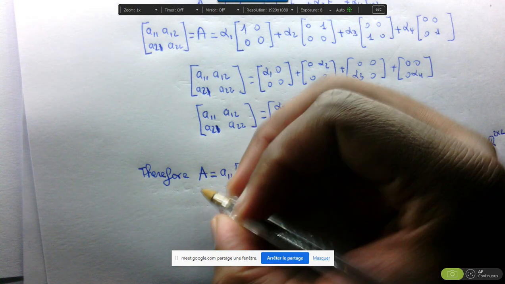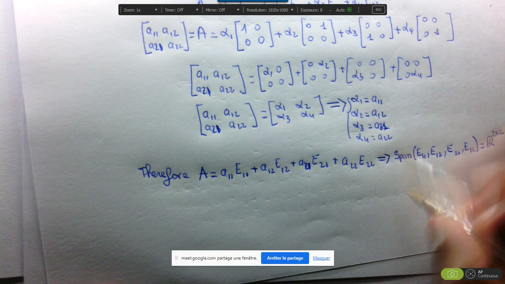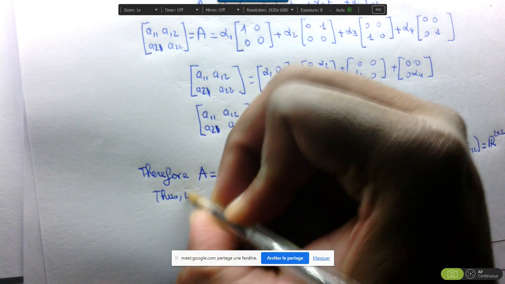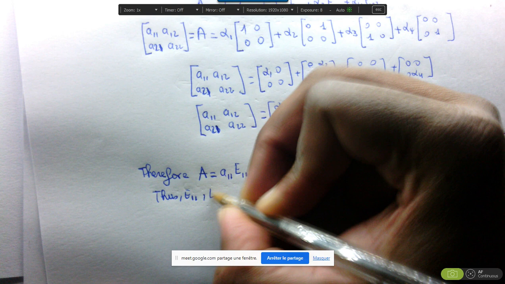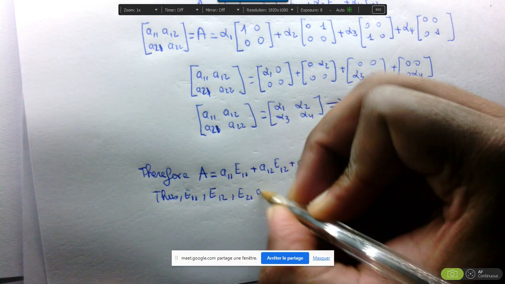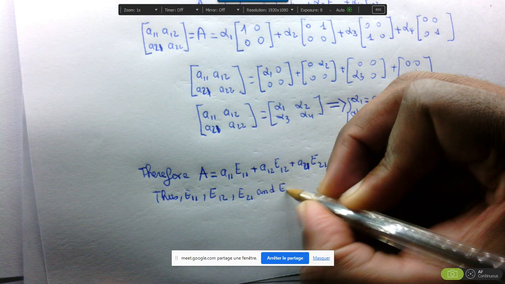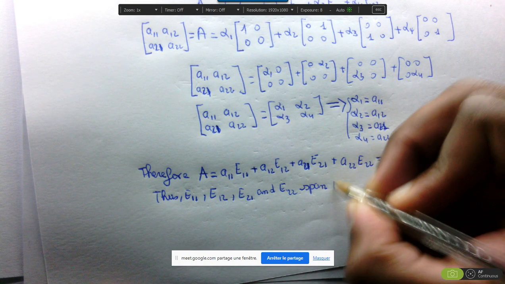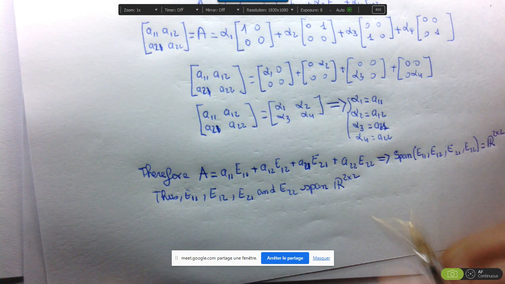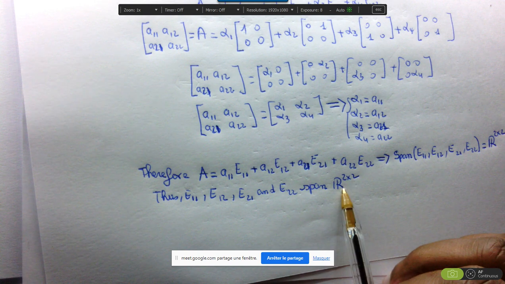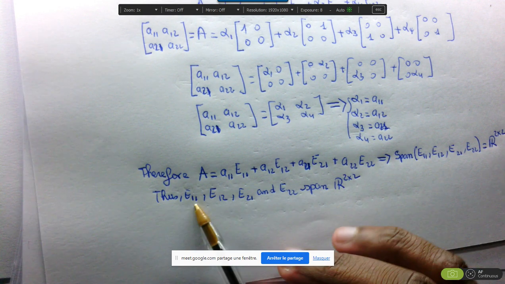I can write the following statement: E sub 11, E sub 12, E sub 21 and E sub 22 span R2 by 2. In other words, we can take any matrix from R2 by 2 and write it as a linear combination of these.